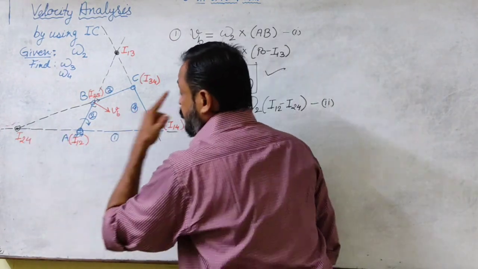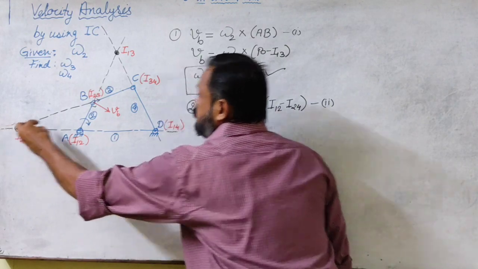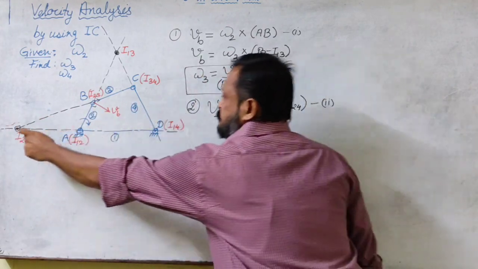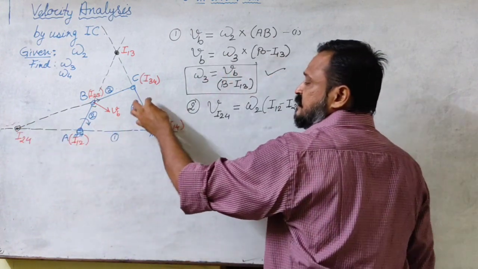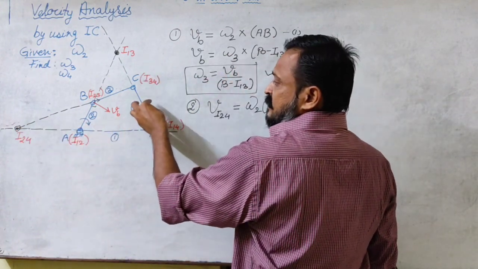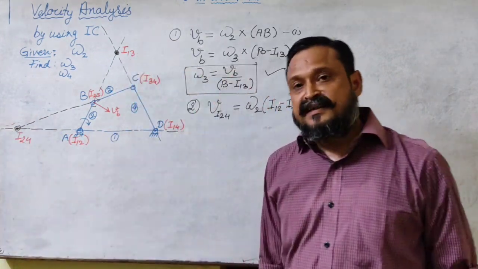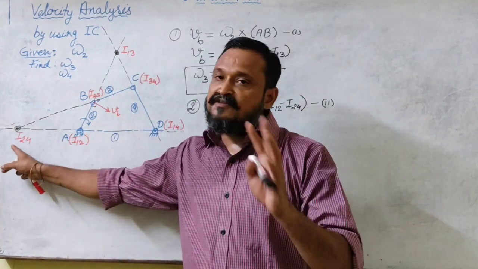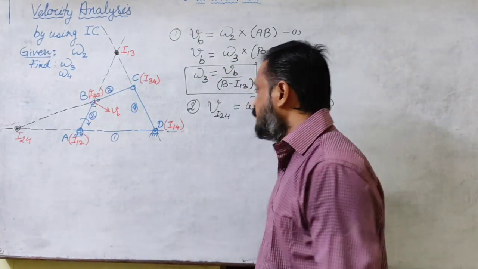Now, when we have considered these three bodies, when these three are collinear, this is as well rotating about link number 4. Again, it is the same point, so the instantaneous velocity of I24 is not going to change; it is one and the same point.